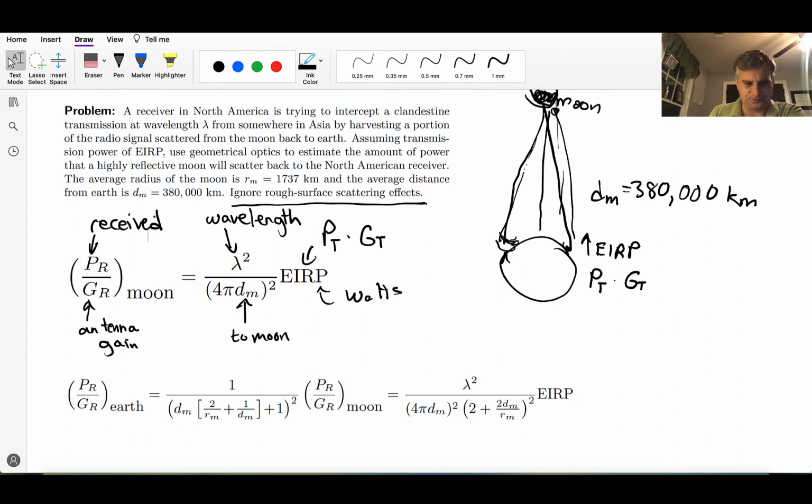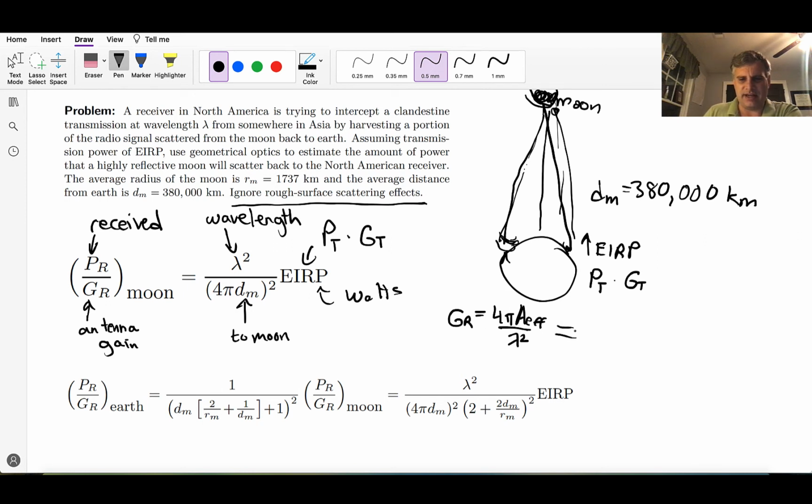power, or power density. And the reason to see that is recall that my G_R, my gain, is 4 pi, the effective electromagnetic aperture divided by lambda squared.